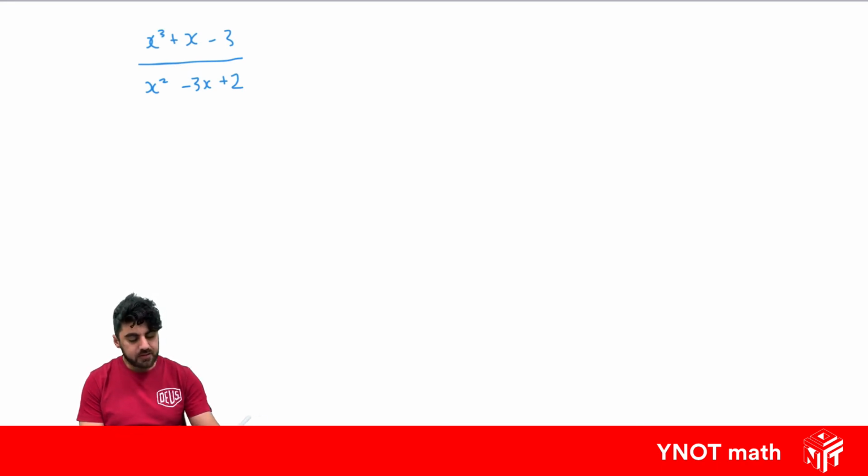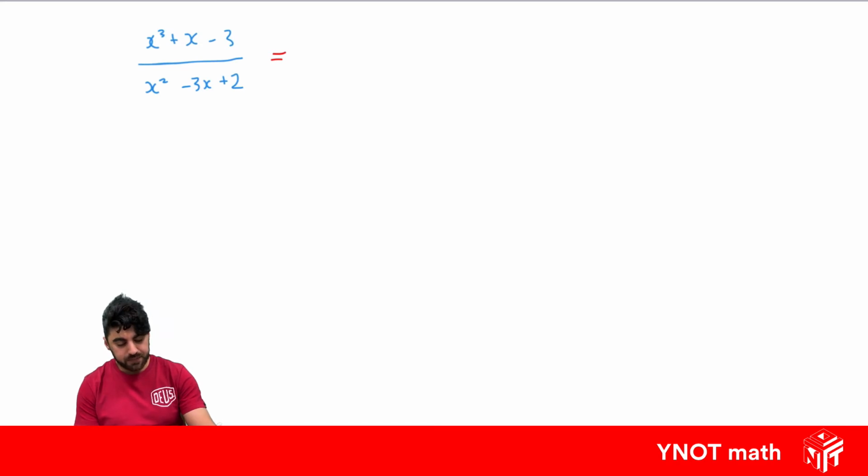But this time, if the degree is greater than or equal to, we need to do the following method. So even if it was x², it'd be equal to it, and we'd have to do this method. So we're going to do this when the numerator's degree is greater than or equal to the denominator's. Well, it's going to be similar.